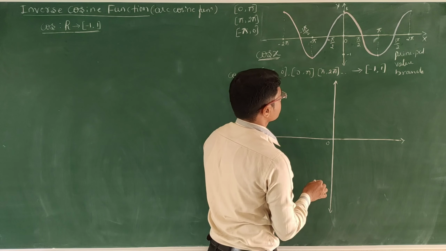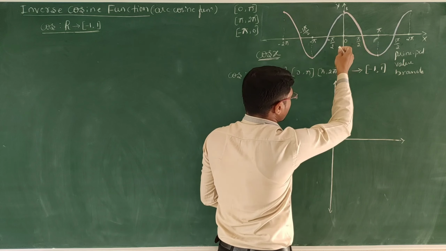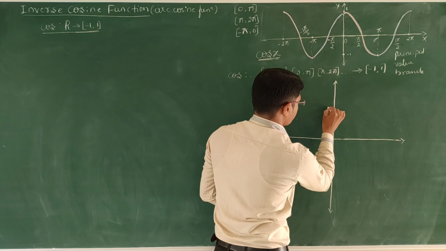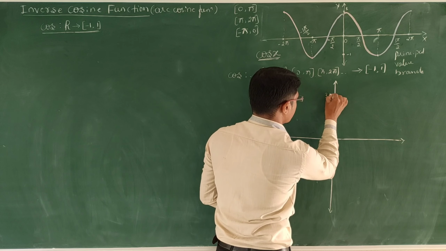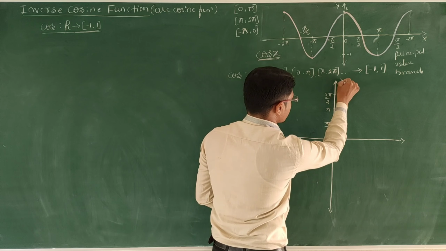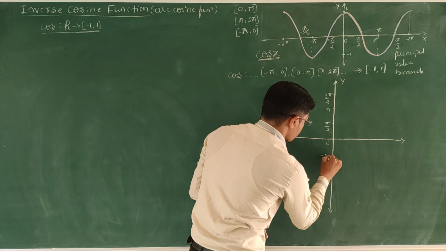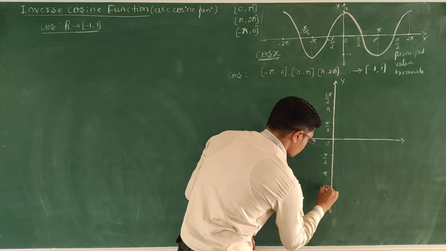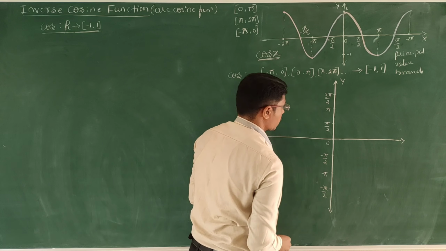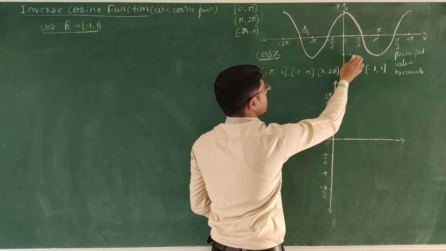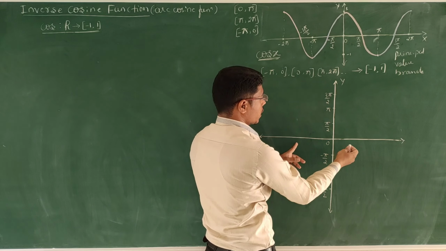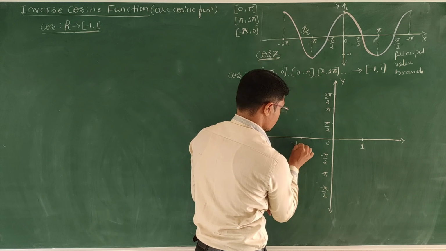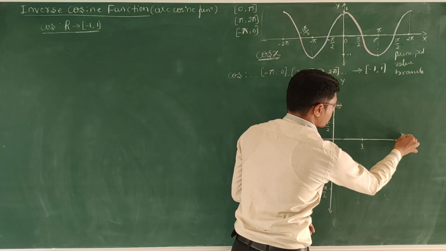Write 0 as it is, and these pi values on the y axis: pi by 2, pi, 3 pi by 2, and minus pi by 2, minus pi, minus 3 pi by 2. And these 1 and minus 1 are on the x-axis. Here, take 1 on the x-axis, this is minus 1.